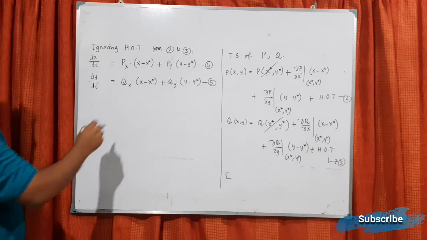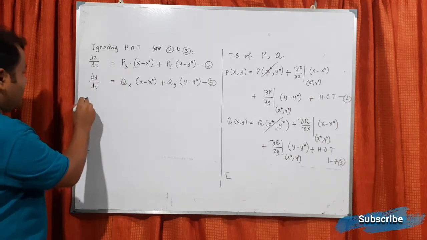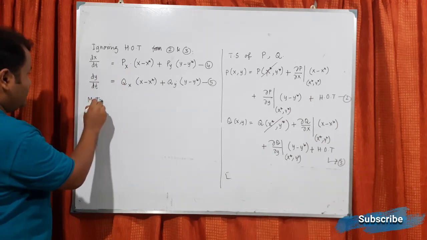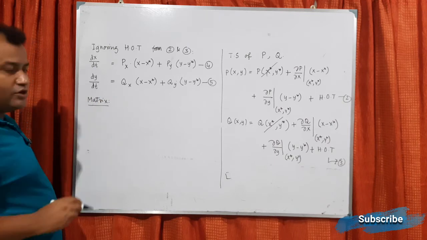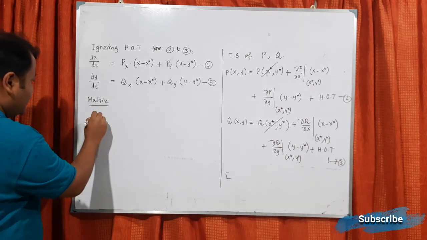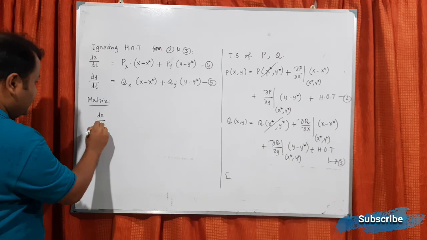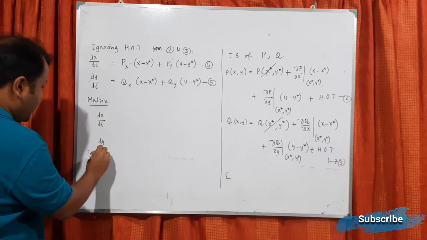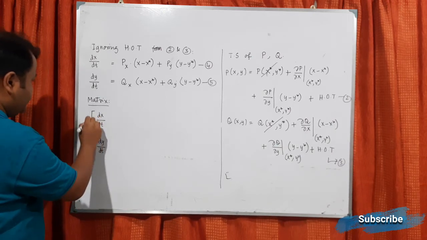Now you see from 4 and 5, if I write this in matrix notation, what will we be getting? We will be getting [dx/dt, dy/dt].